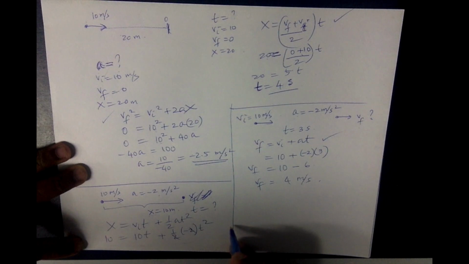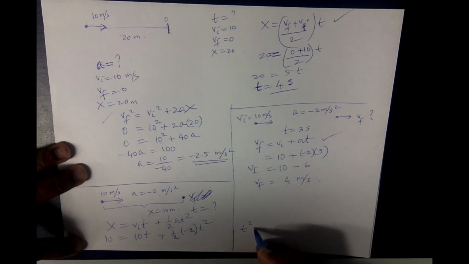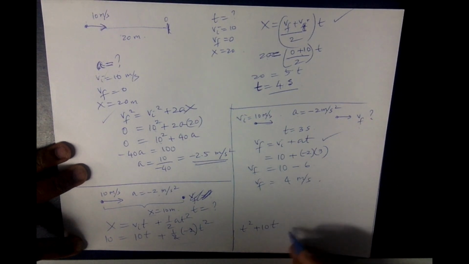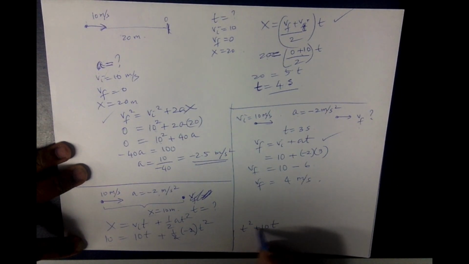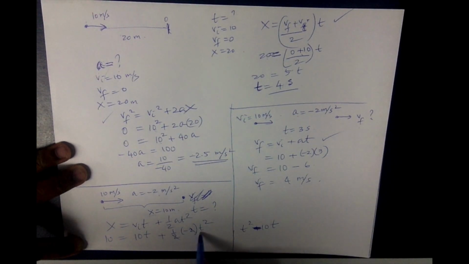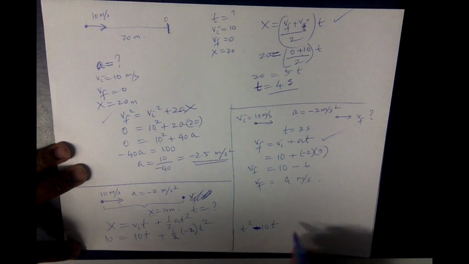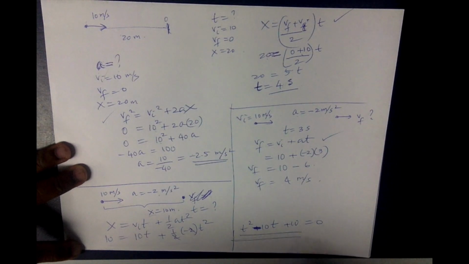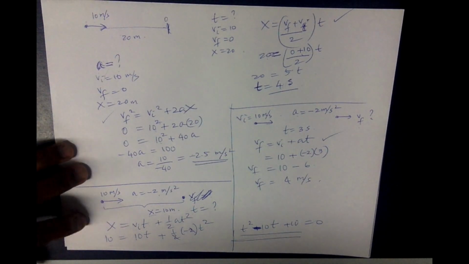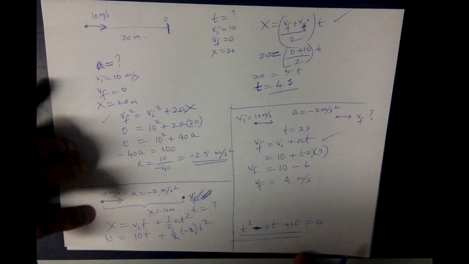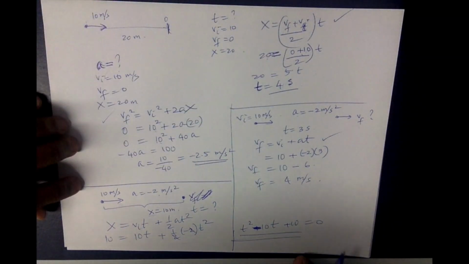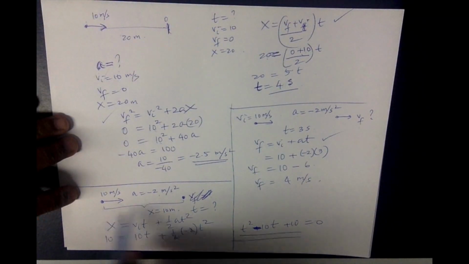Bringing everything to one side, it will be t squared minus 10t plus 10 equal to 0. So you have to solve this quadratic equation, and you'll get the solutions for time, and from there we can figure out how long it takes for the bus to go from here to here.